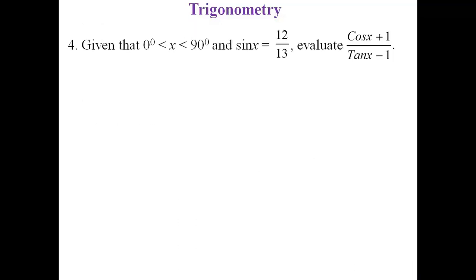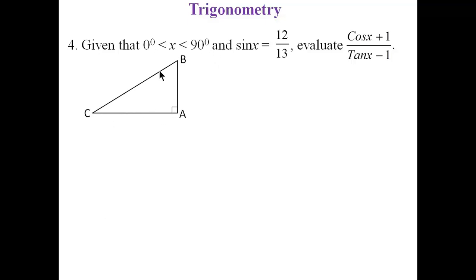Problem 4. Given that 0 degrees is less than x less than 90 degrees and sine x is equal to 12 over 13, evaluate cos x plus 1 over tan x minus 1. In this case, we shall represent this information in a right angle triangle ABC.